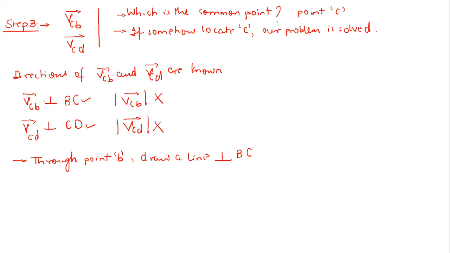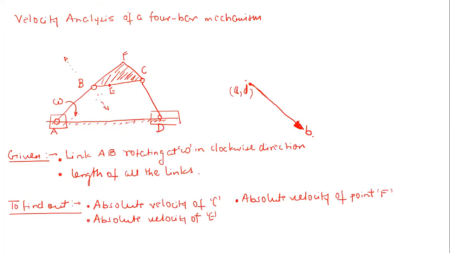Clockwise or counterclockwise, you leave it; this we will come to later, but at least we know the direction that the VCB vector is going to be perpendicular to BC. So now come back to the original diagram, put your scale here and drag it to this point B.